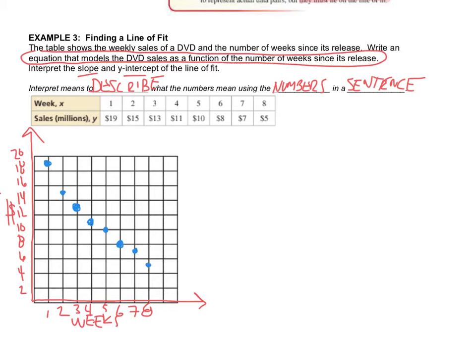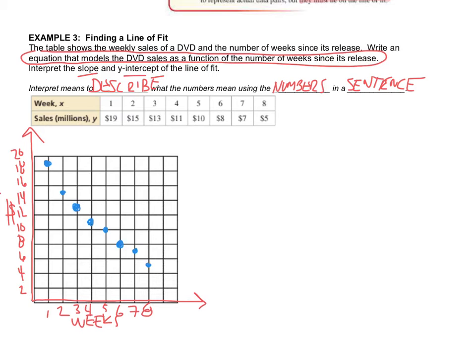So here's the tricky part, and this is going to be hard for me to replicate here without a nice, perfect straight edge. What we want to do is find a way to draw a line that's going to hit most of our points, as many as we can. But we have to think about how to draw that line without having too many above or too many below. And I don't want to force them.